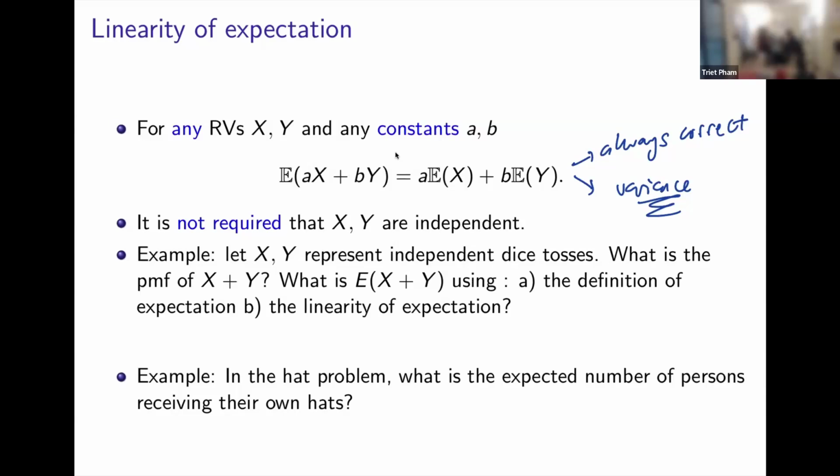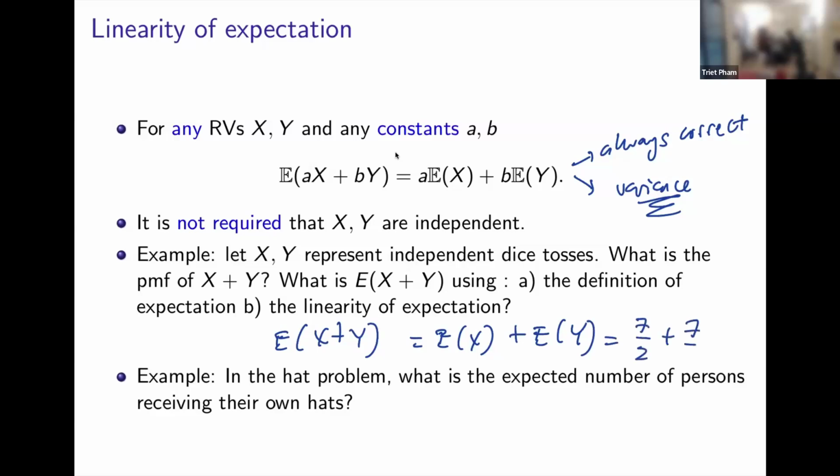For example, the expectation of the sum of 2 independent dice tosses will be, by linearity, like that. And we have established each of them is 3.5. So it's 7.